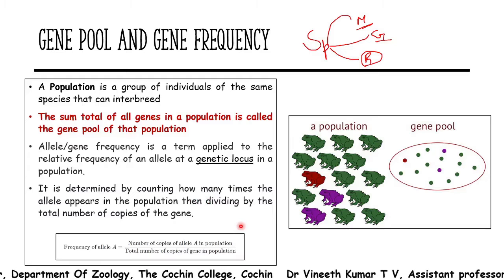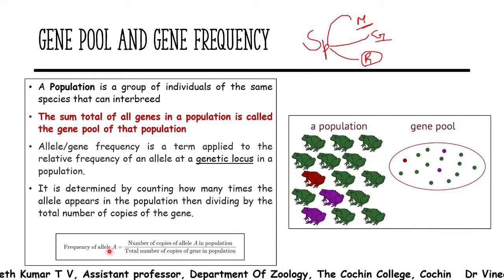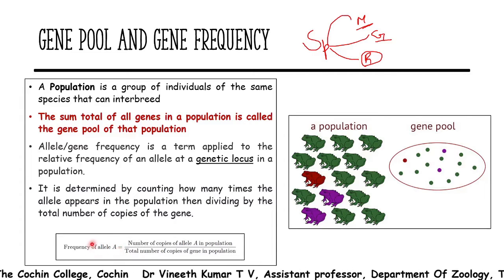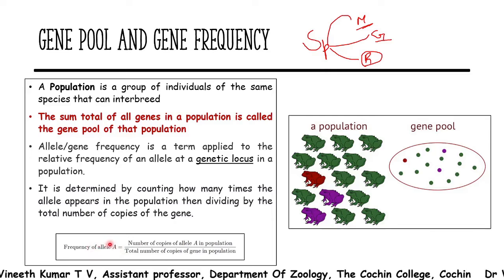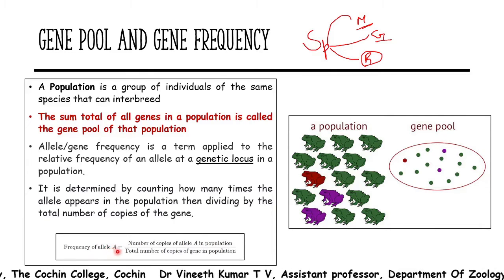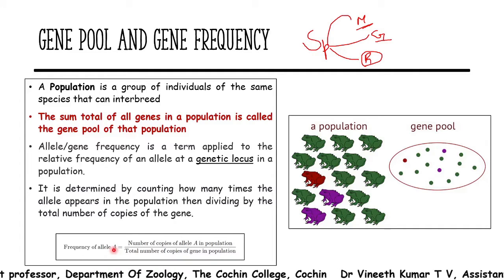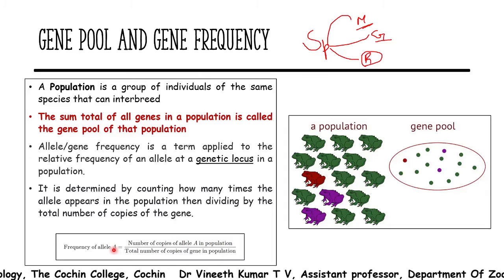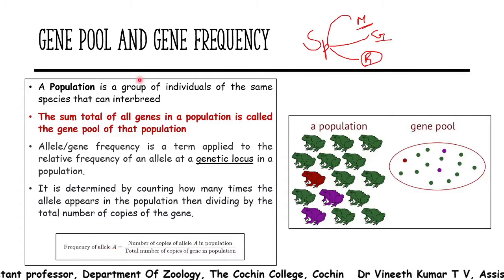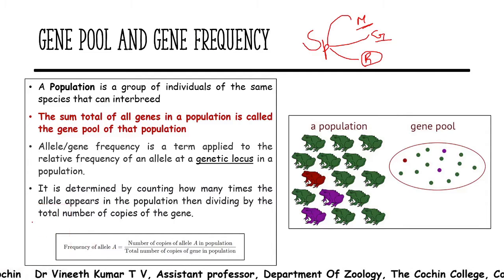So if you consider an example, we are going to find out the gene frequency or allele frequency of this particular A, the gene which is called the dominant A. For example, this A is a gene which is indicating flower color, and that particular gene, as we all know, will have different alleles.